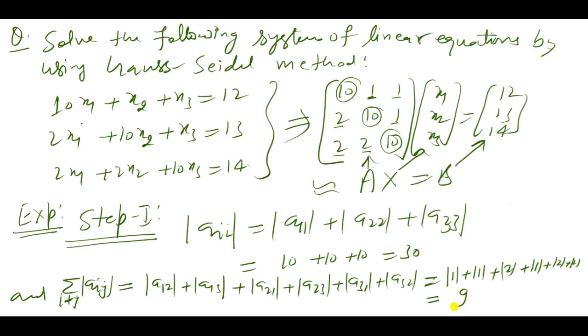So here the condition is |aii| greater than summation i not equal to j of |aij|. So this value is 30 and this value is equal to 9. So 30 is greater than 9. In that case the given coefficient matrix A is strictly diagonally dominant, hence the Gauss-Seidel method is applicable.